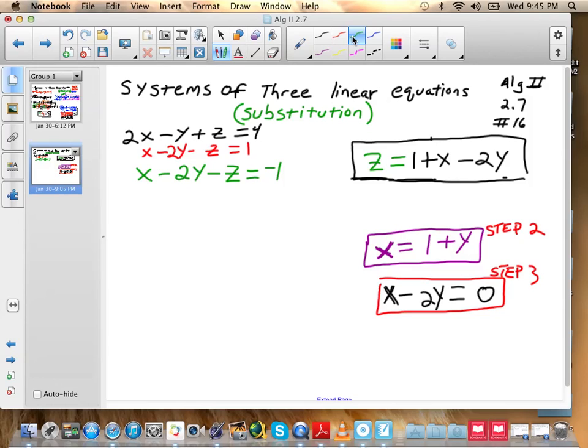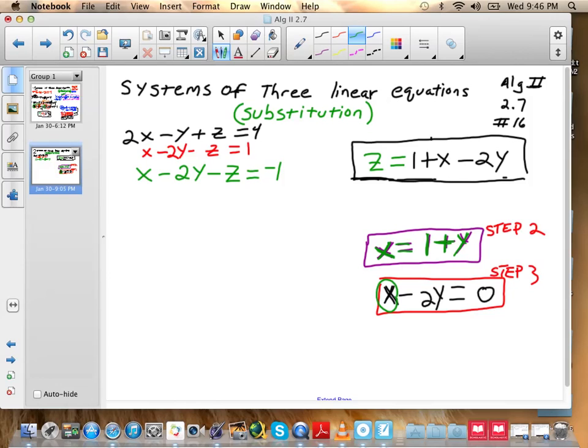When I look here, x equaled something, right? X equaled 1 plus y. So we found our x variable in step number 2. We gave the value of x as 1 plus y. That's its value. So now let's take a look at what we have right here. We have an x.